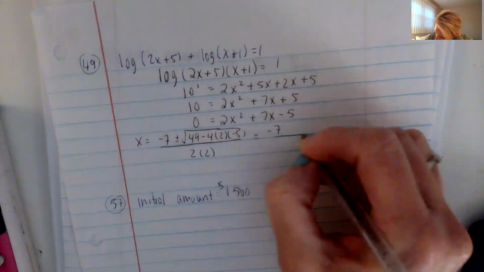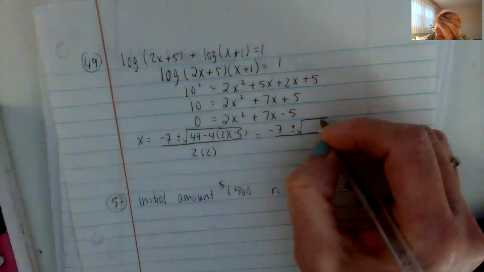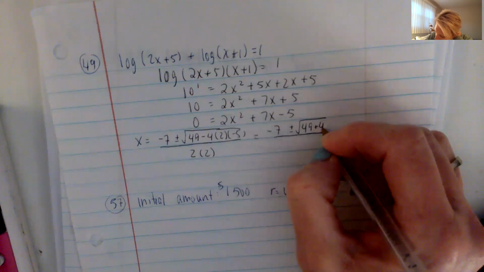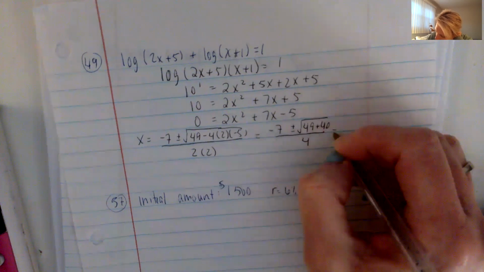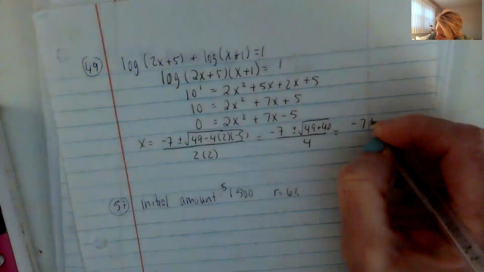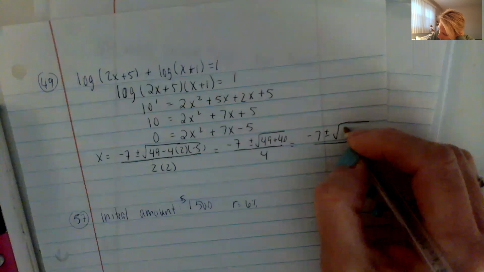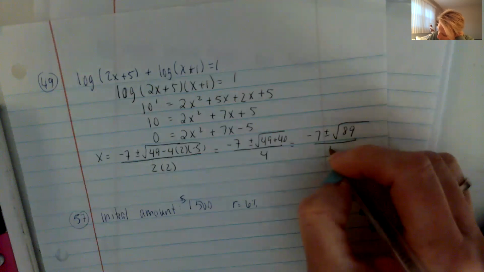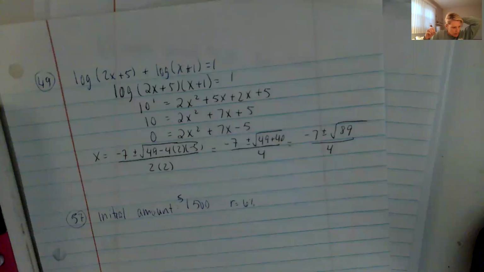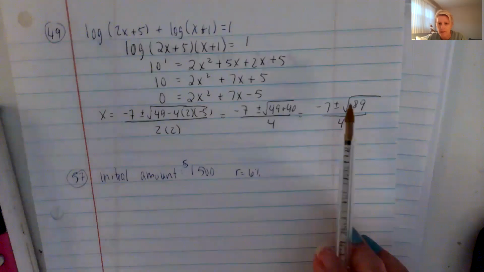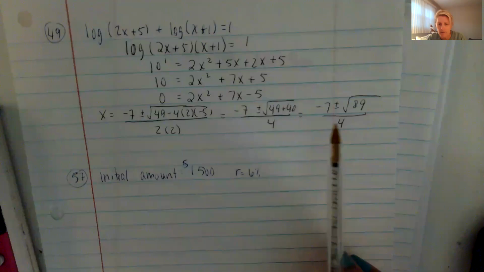So negative 7 plus or minus the square root of 49 plus 40, over 4. So negative 7 plus or minus the square root of 89, over 4. So it just can't be the negative of that. The positive value can work, but just not the negative.